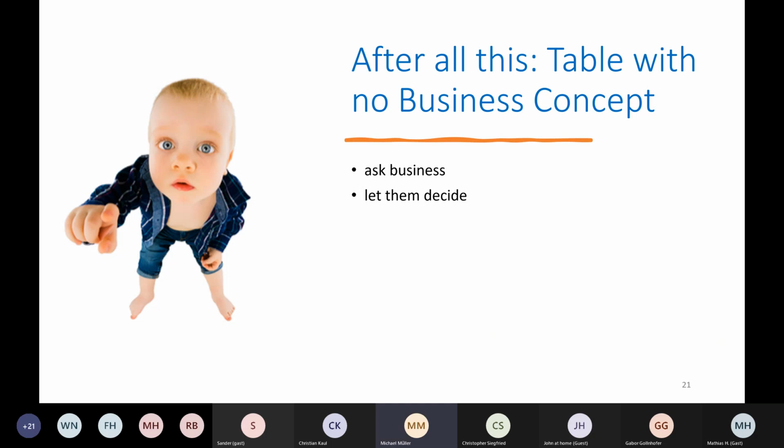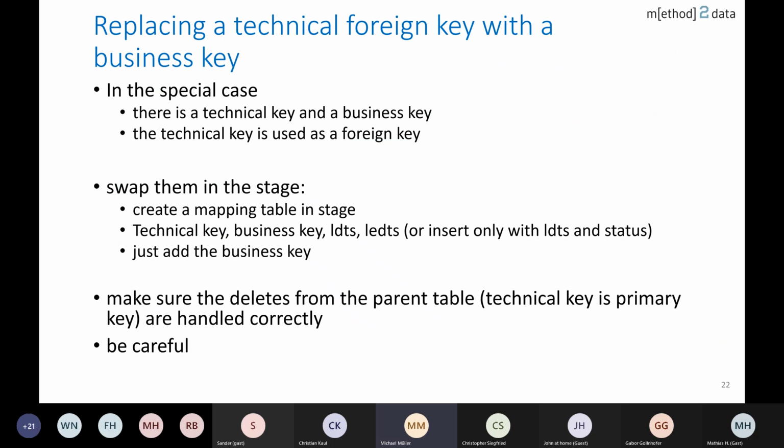Good. One other thing you can do up front is replacing the technical foreign key with a business key. I would really recommend to leave it at that. You get a parent table with a technical key as a primary key and a business key as an alternate key in there. And the technical key is used as a foreign key in other tables.